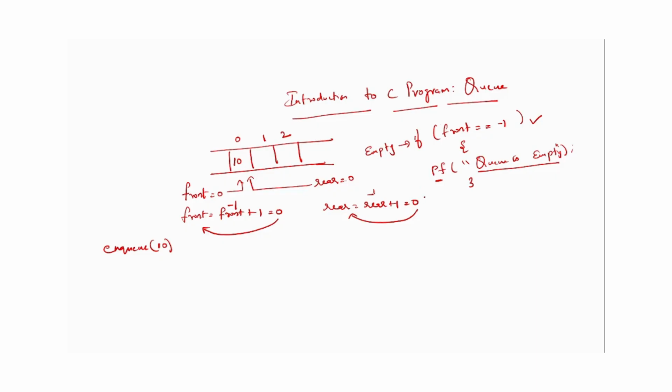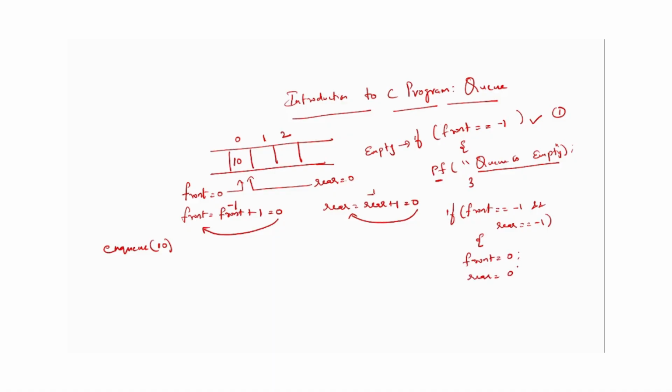So what is the second? I will just name this as first. What is the second condition, guys? Second condition is if front equal to -1 and rear equal to -1, then if you want to insert any element, you have to make front as 0 and rear as 0.